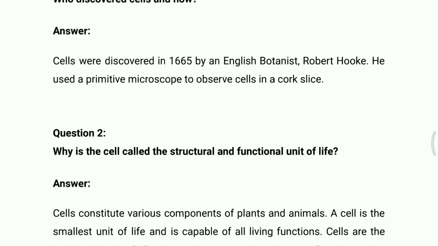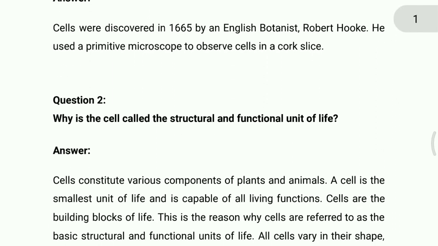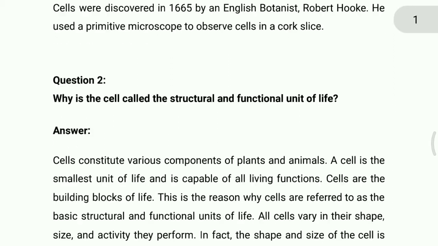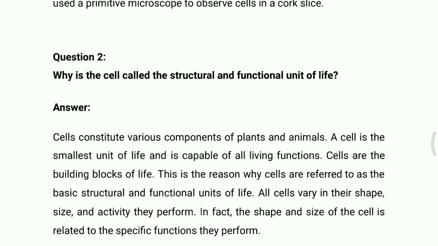Second question. Why is cell called the structural and functional unit of life? Answer. The cell consists of various components of plants and animals. A cell is the smallest unit of life and is capable of all living functions. Cells are the building blocks of life.